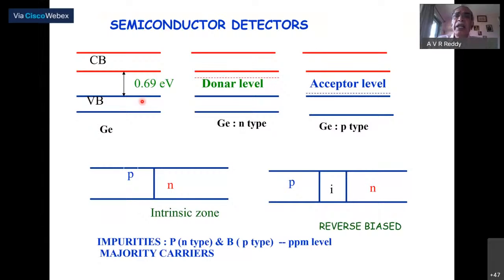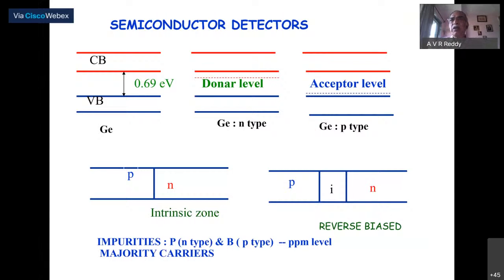Suppose it has an extra electron because of the impurity atom, then you get a donor level. Such a material is called N-type, negative. Remember negative, N-type. If you have an acceptor, let's say 3rd group element as impurity, then you will have an acceptor level close to the valence band, which is called P-type, or remember positive.